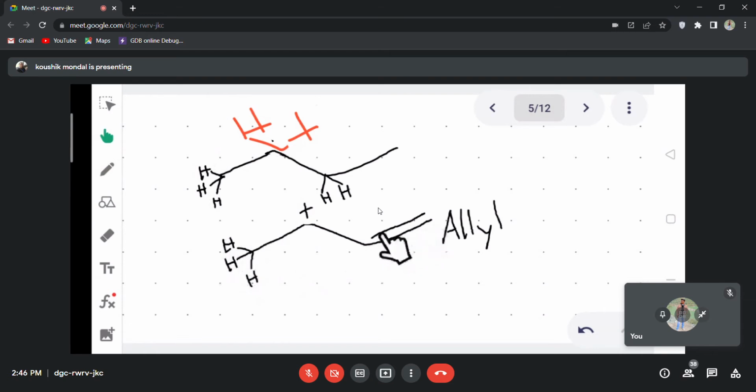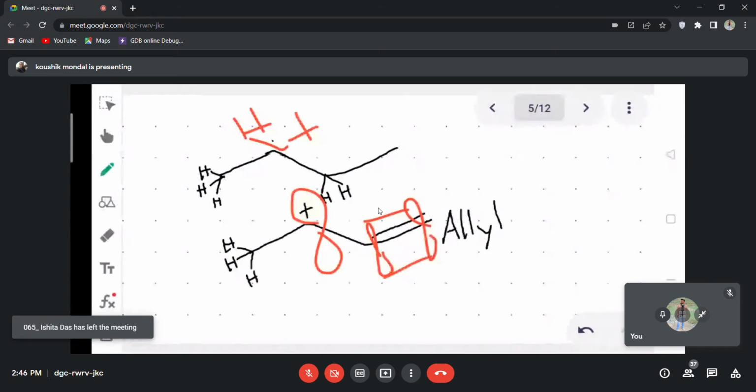A double bond means it is a pi bond. When a carbocation forms, it has a vacant p orbital, and the pi bond is also formed by the overlap of p orbitals.